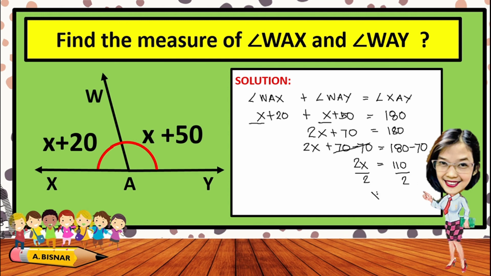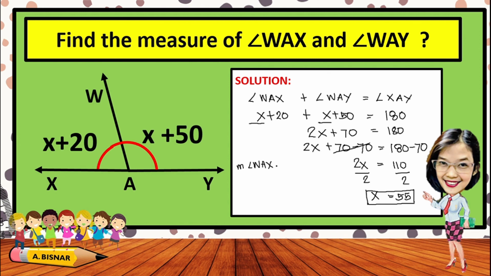And so our x is equivalent to 55. Is this the answer now? Not yet, because we need to substitute it to the value of angle WAX.